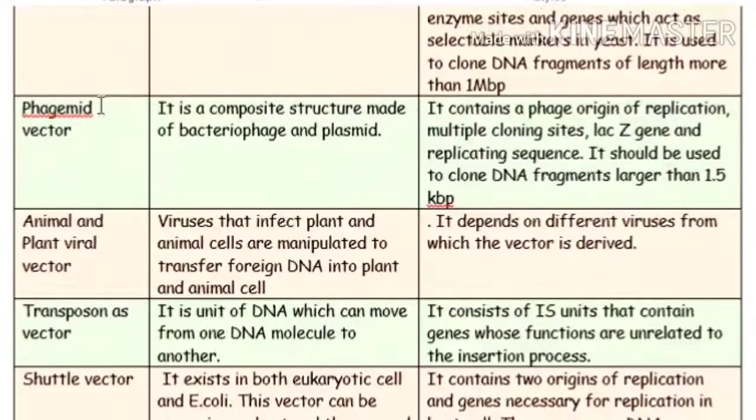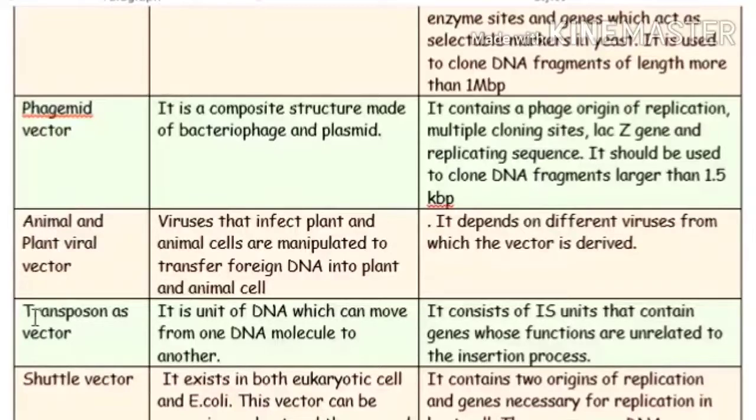Then phagemids are a composite structure of bacteriophage and plasmid, which can do cloning of nearly 1.5 kilobase pairs. Then a few animal and plant viruses can also work as vectors. For example, Agrobacterium tumefaciens can work as a vector for sending genes into plants, which I'll be discussing in the next video.